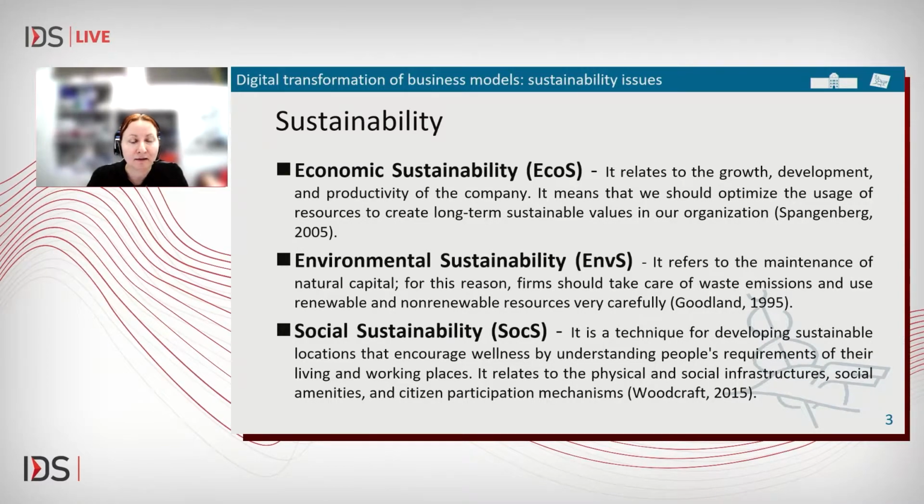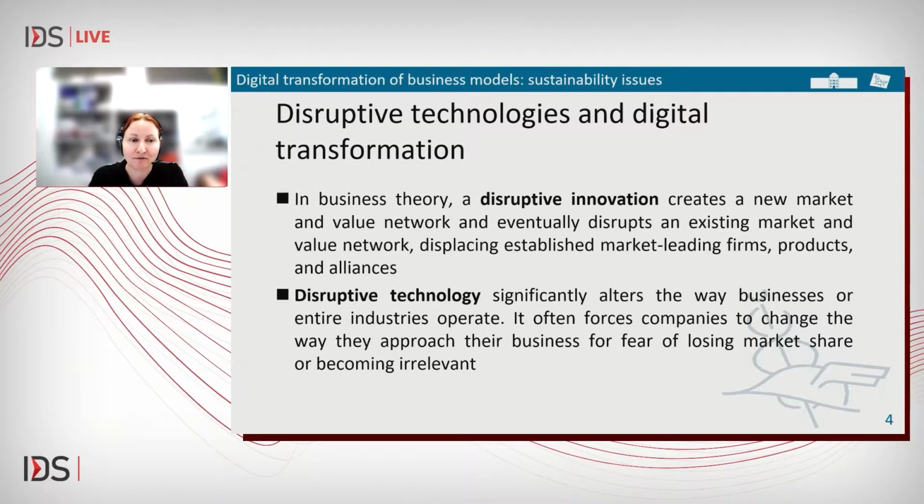The enablers of digital transformation are disruptive innovations and disruptive technologies. At first, disruptive innovation creates new markets and value networks, and eventually disrupts existing markets and value networks, displacing established market-leading firms, products, and alliances.